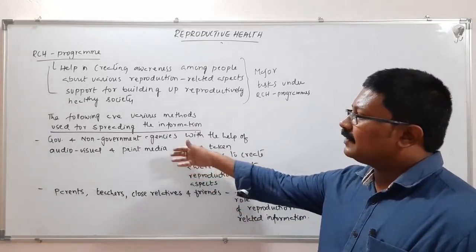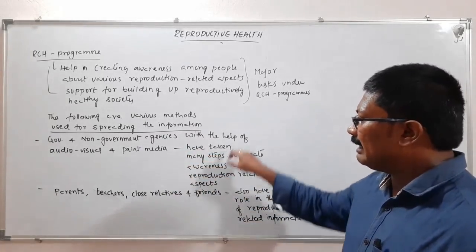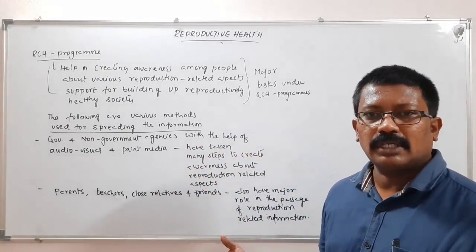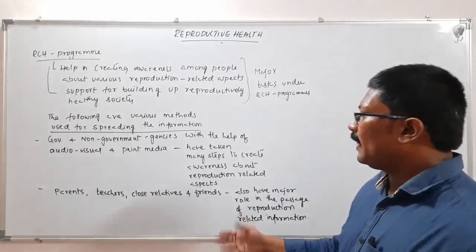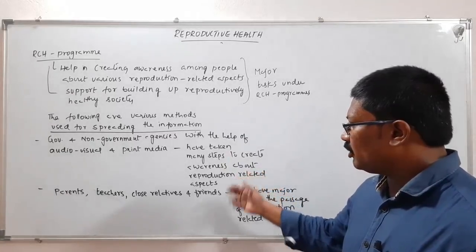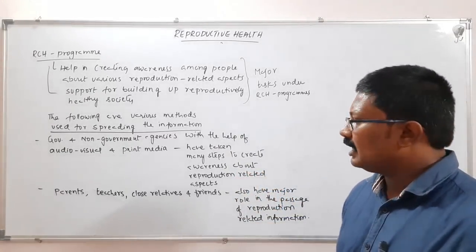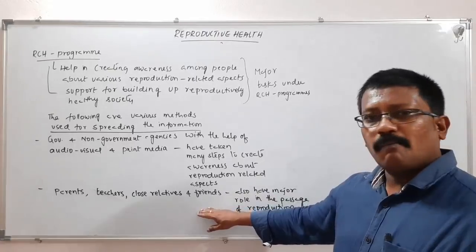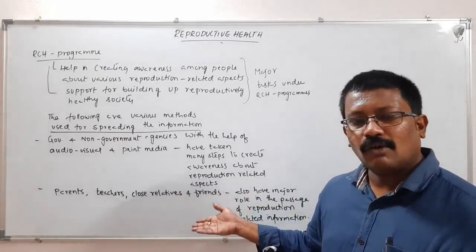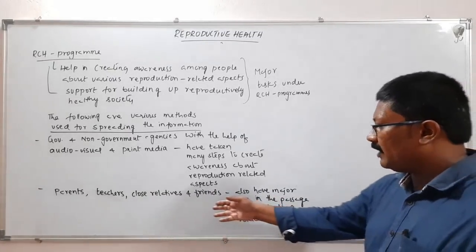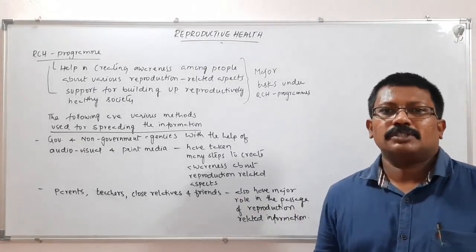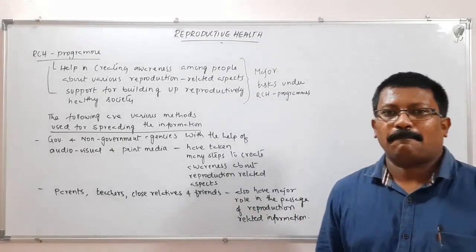The government as well as non-government agencies are taking the help of audio visual and also print media like newspapers and so on, and they have taken many of these steps to create awareness about reproduction related aspects. And again, parents, teachers, close relatives and also friends play a very important role in the passage of reproduction related information from person to person.